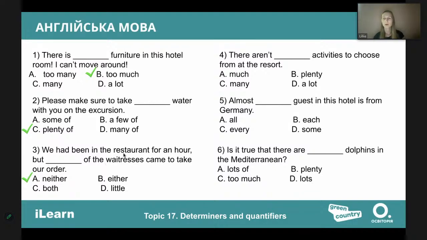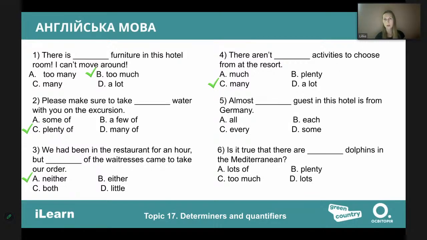Number 4, there aren't many activities to choose from at the resort. There aren't many, letter C, activities. As you see, it's already plural. If it is plural, якщо ми можемо утворити множину, то воно точно злічуване.